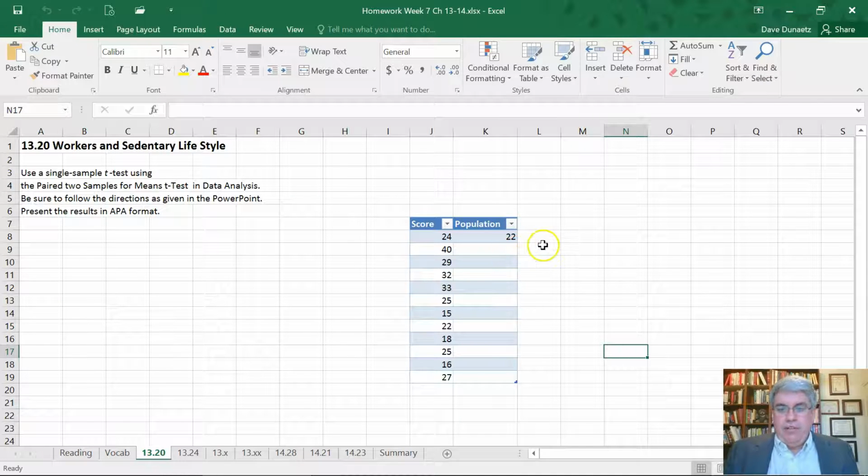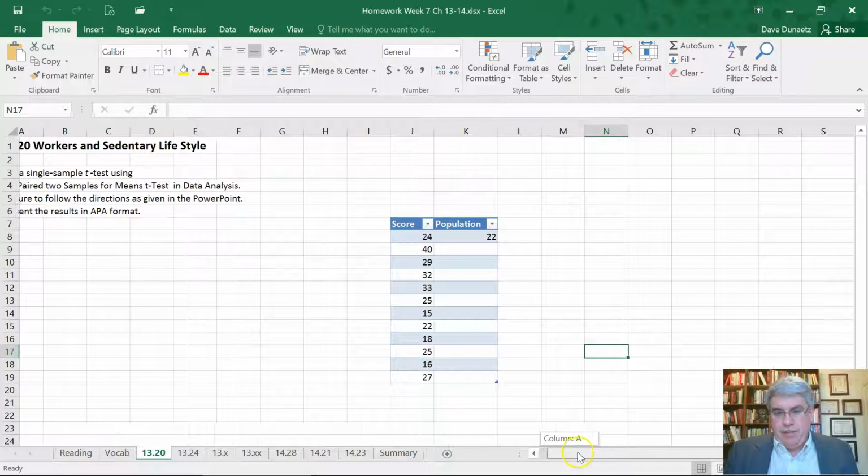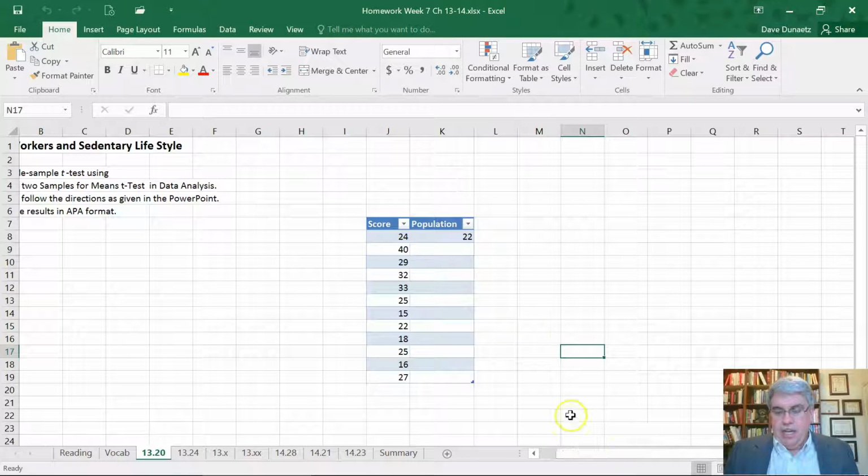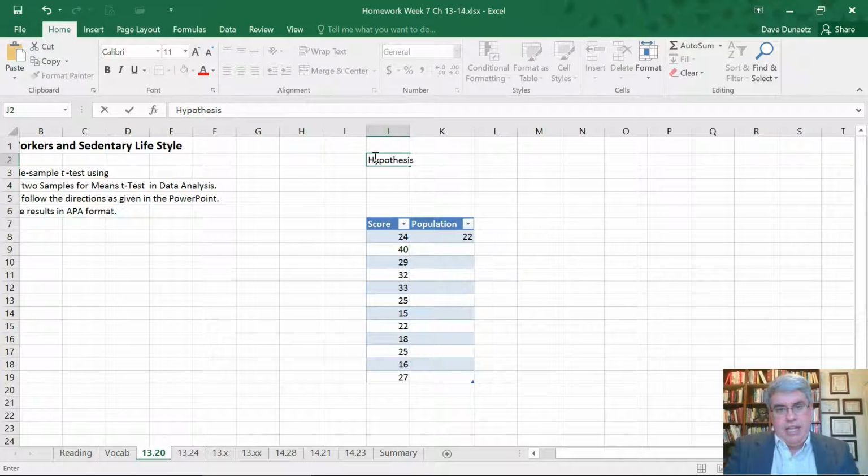So we're going to follow the instructions that were given in the lectures, and we're going to start off with our hypothesis. And the hypothesis is limited to middle-aged men.